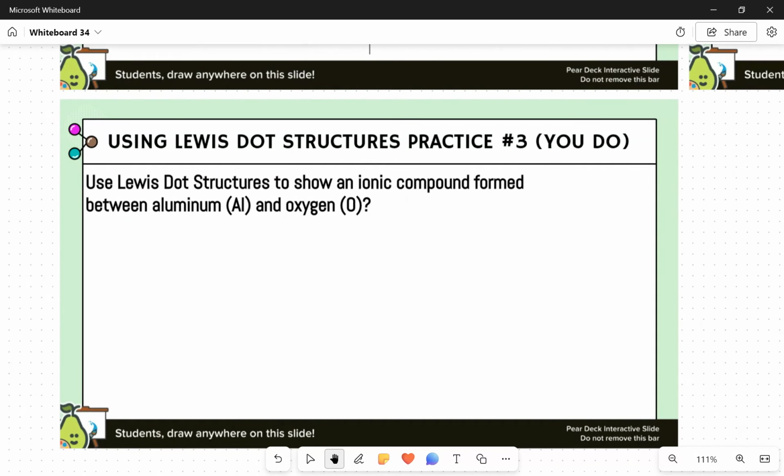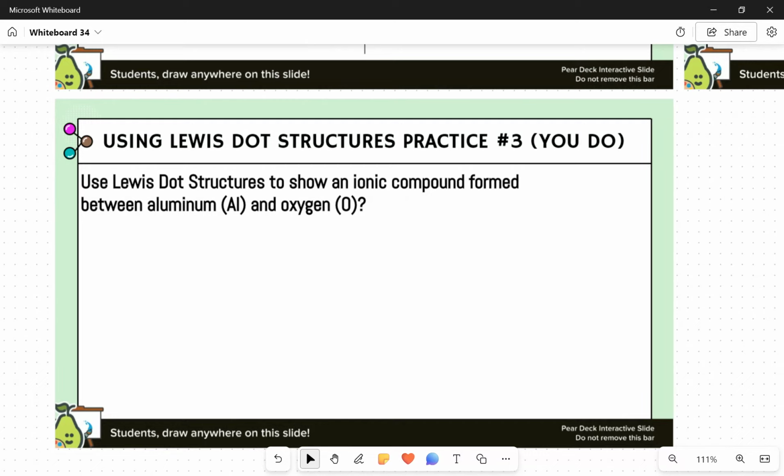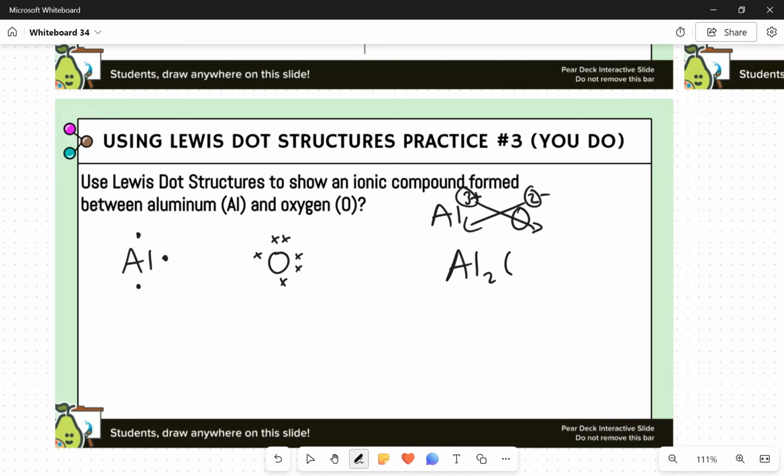Okay, last one, aluminum and oxygen. Aluminum has 3, oxygen has 6, crisscross method, Al3+, oxygen 2−, you end up with Al2O3. So we need 2 aluminums and 3 oxygens.